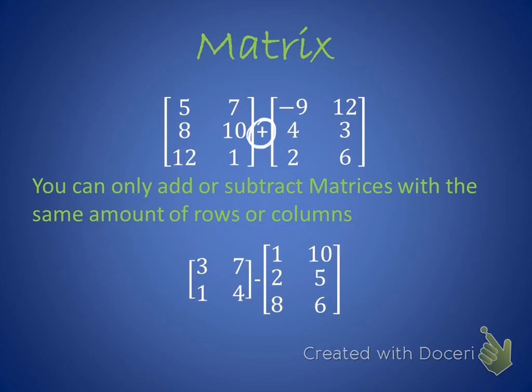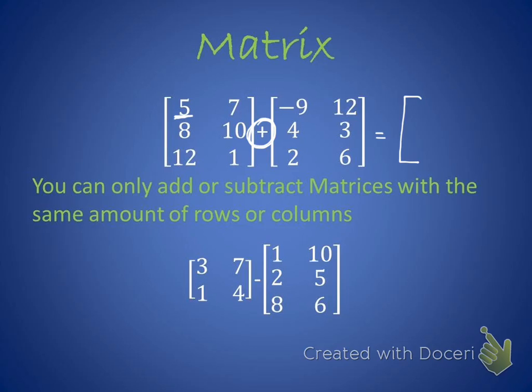That tells me whether I'm going to add or subtract them. This one I'm going to add. So I take the numbers in the specific positions that match up, and I'm going to add them together. I'm going to make a new matrix that actually shows the numbers being added together.